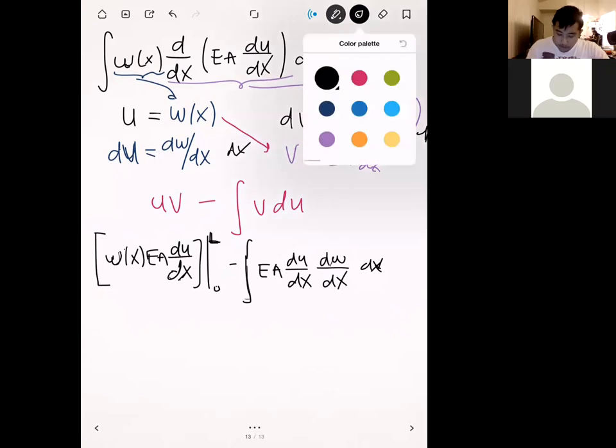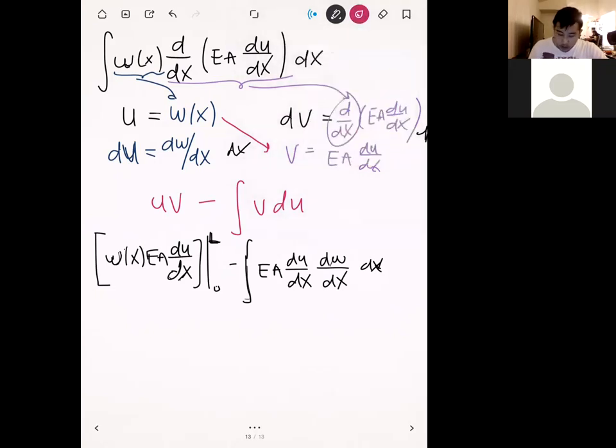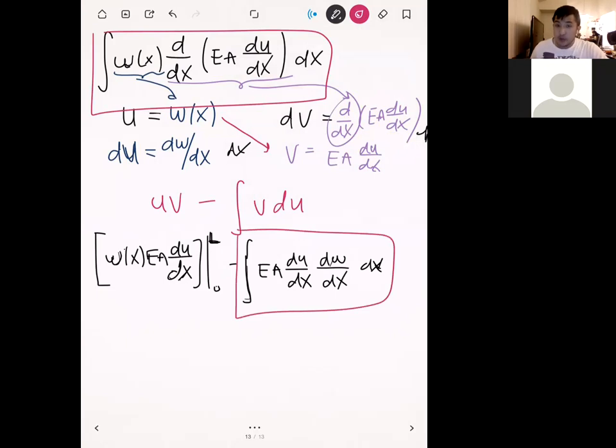Let's look at this result. You can see that we started with an integral up here where the derivatives were unbalanced. We had one term with two derivatives and one term with none. What we ended up with is an integral expression where the derivatives are balanced.